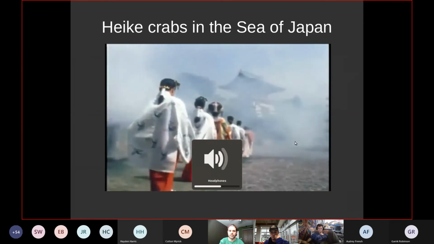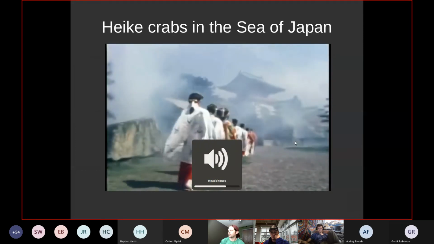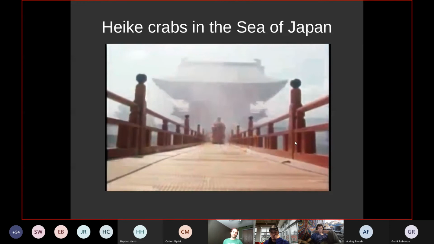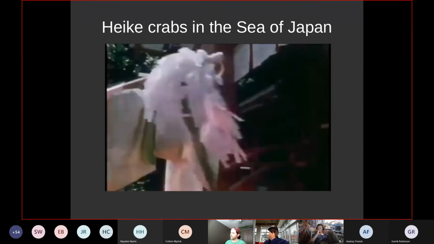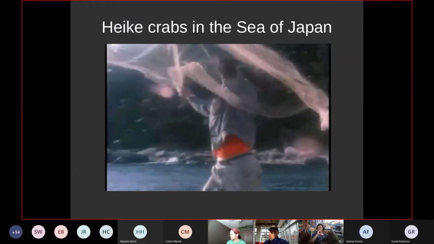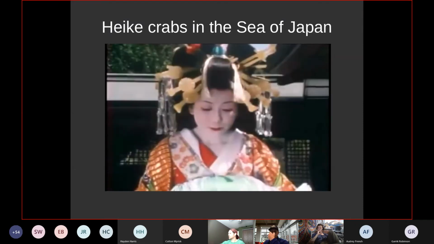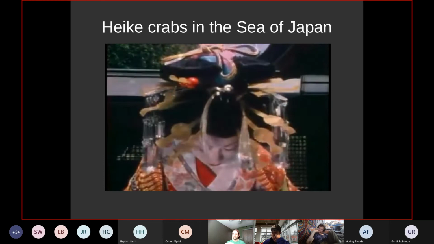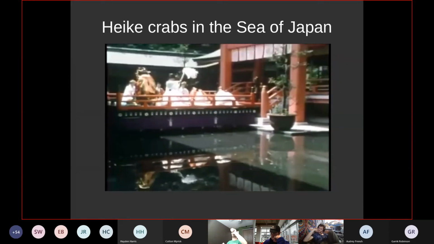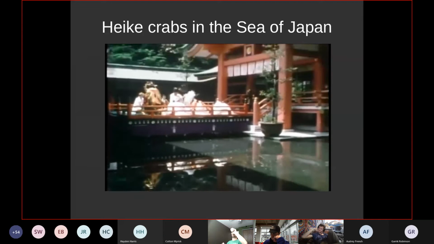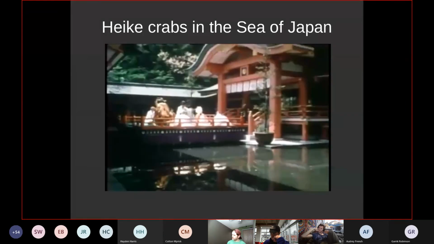Every year, on the 24th of April, their descendants proceed to the Akama Shrine, which contains the mausoleum. There, they conduct a ceremony of remembrance for the life and death of the Heike warriors. But there's a strange postscript to this story.